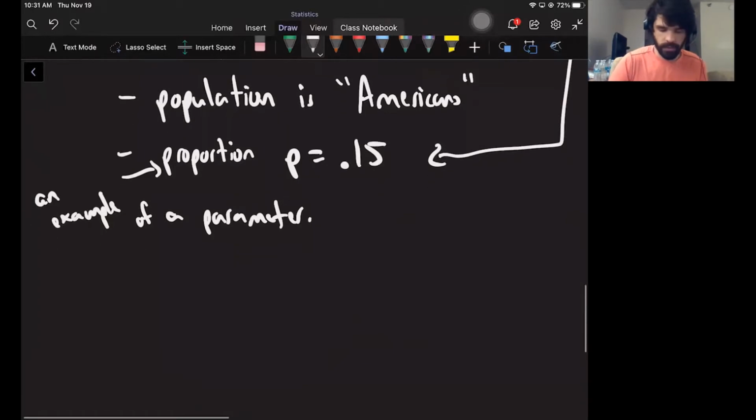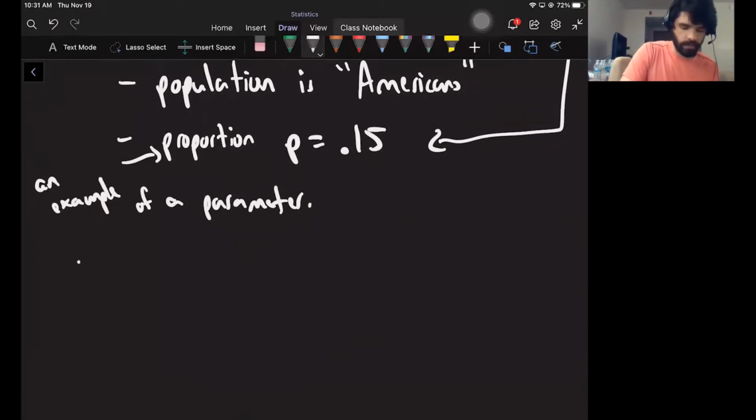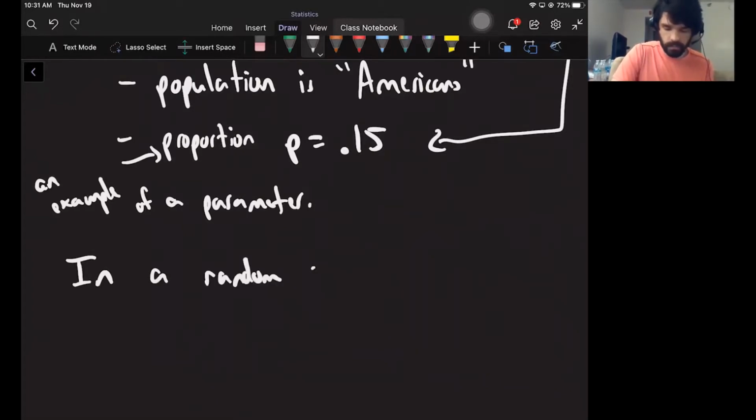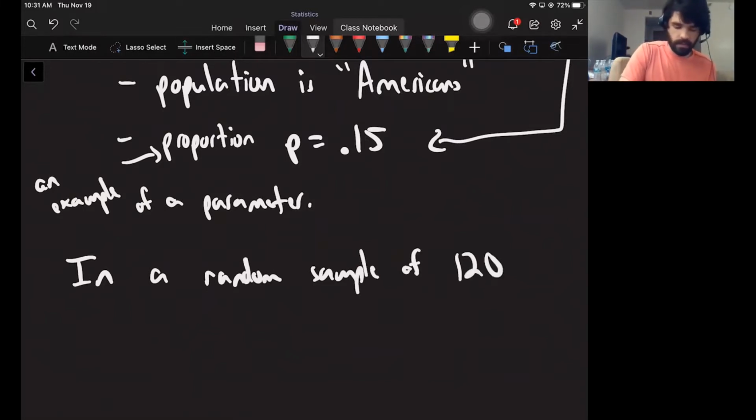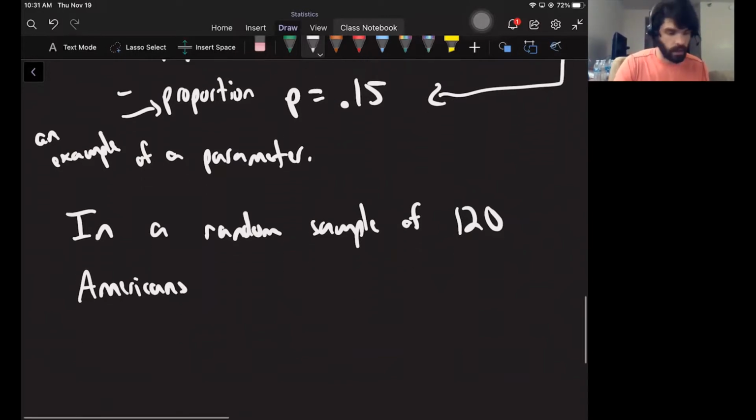You're given a proportion, and then you're going to be asked about samples. So then I might say something like, in a random sample of 120 Americans. So now we're just asking about a sample of Americans, not the whole population. We can ask about the probability of that sample being a certain thing.